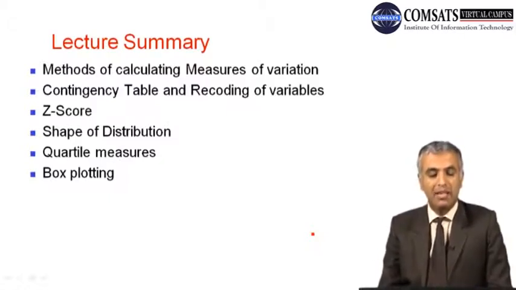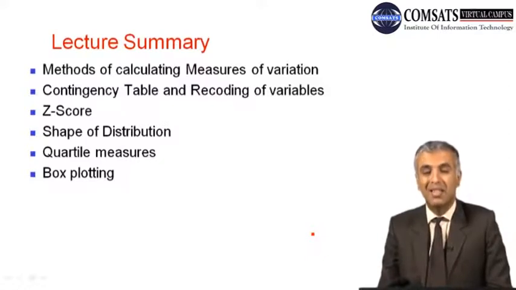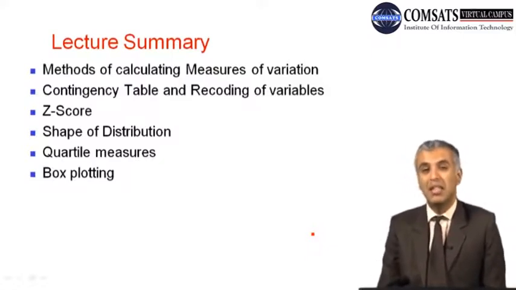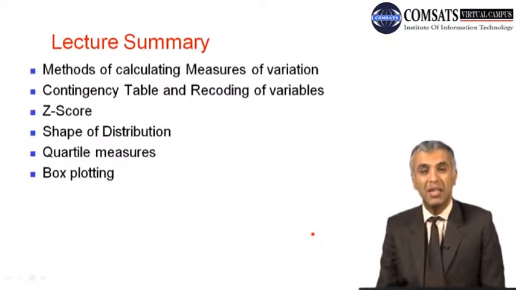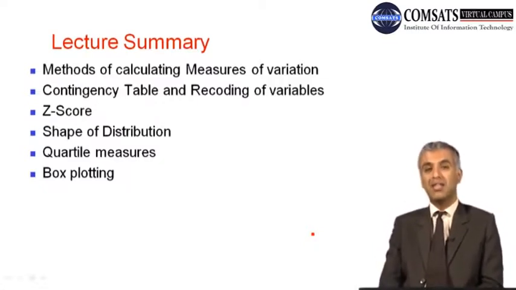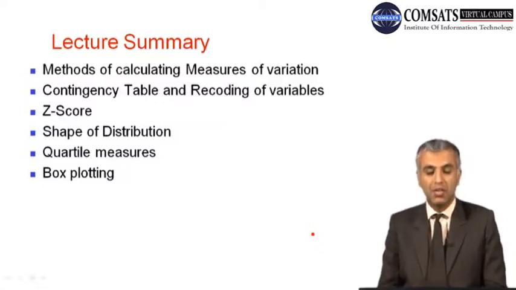Then we had a discussion about the shape of a distribution, and what would be the case if the median is less than the mean or the median is greater than the mean, and then the two basic measures through which we can see the shape of distribution, which are skewness and kurtosis.